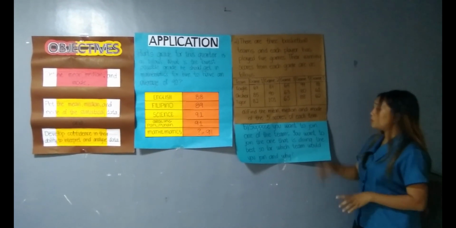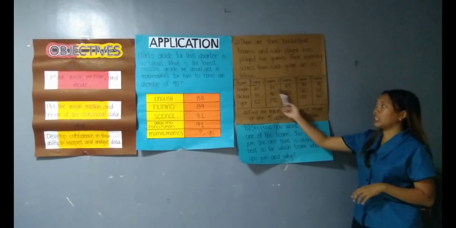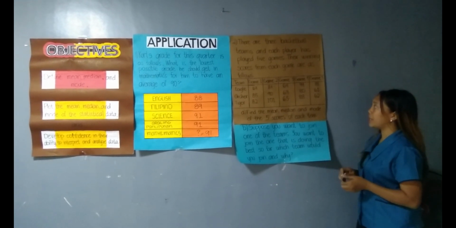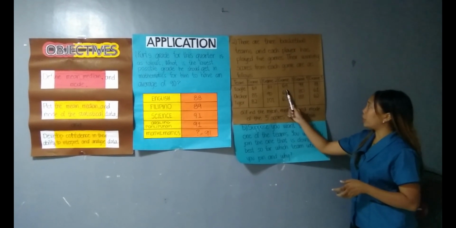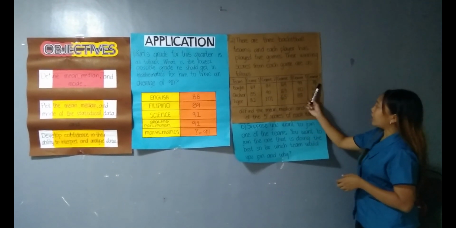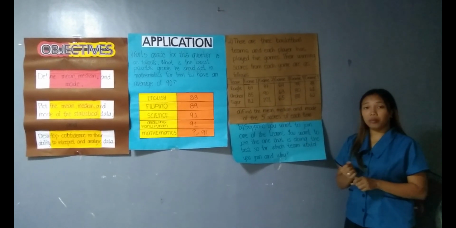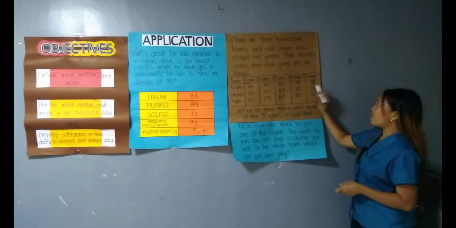And for the median, we should arrange it in ascending order. So we have 64, 67, 78, 87, and 89. So their median is 78.